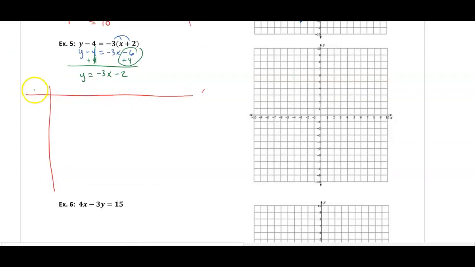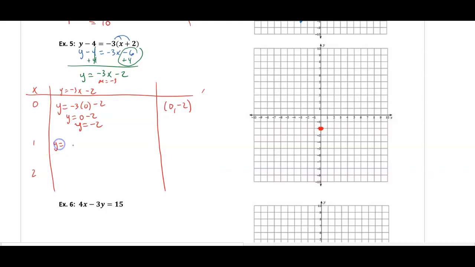Since m is an integer, m is -3, I'm going to use 0, 1, and 2. So y equals -3 times 0 minus 2. 0 minus 2 would give me -2. Ordered pair, 0, -2. Plot my point.